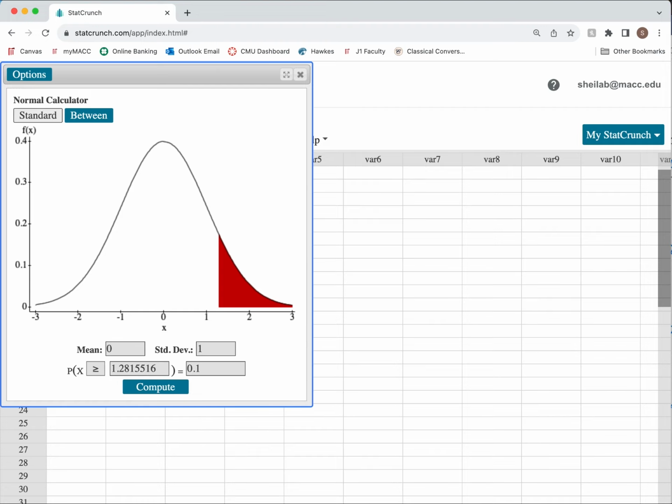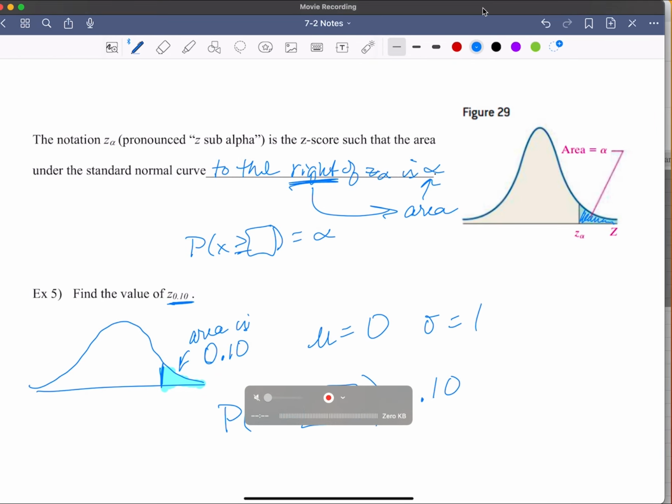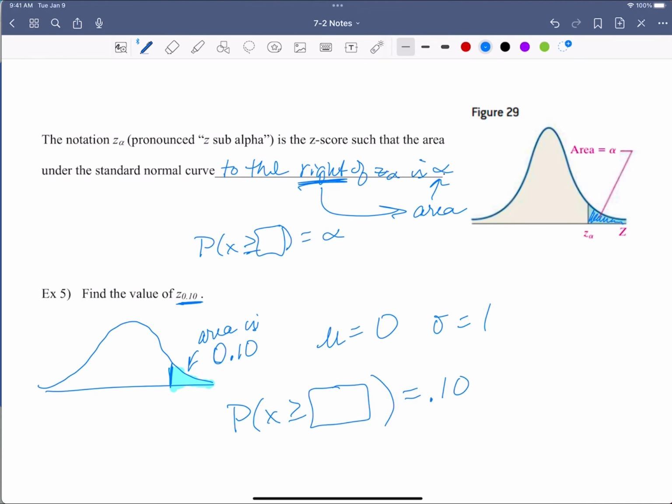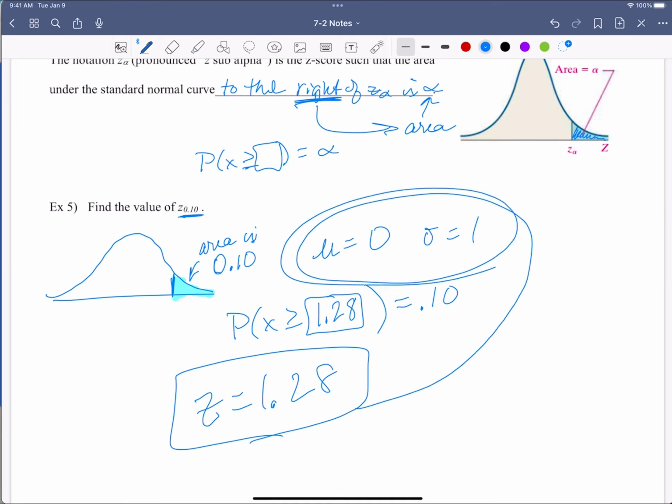That's what we're being asked. When I have this normalized, then this is 1.28. That is what we're actually saying. So here z is equal to 1.28 because I'm talking in terms of what's normal to this curve without specific data.